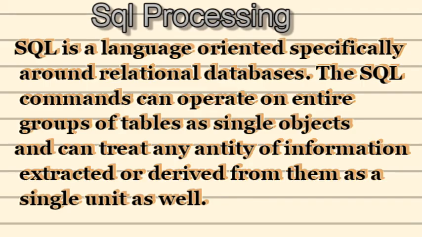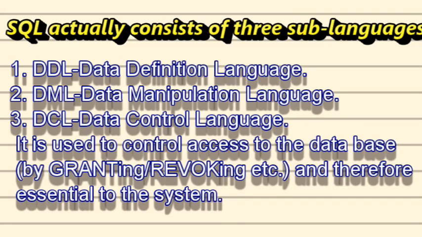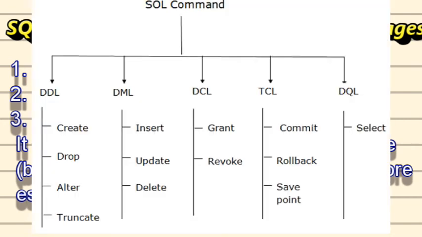When I'm talking about DDL, data definition language, we already told what its purpose is. Second, we have the data manipulation language, that is retrieval, insertion, deletion or modification. Then we have the DCL language, data control language, which is used to control the database by granting or revoking, and is therefore essential to the system. We will also be talking about the transaction control language. Basically SQL consists of sub languages on which all of the data and SQL queries have to be performed. So this is basically what SQL processing is.